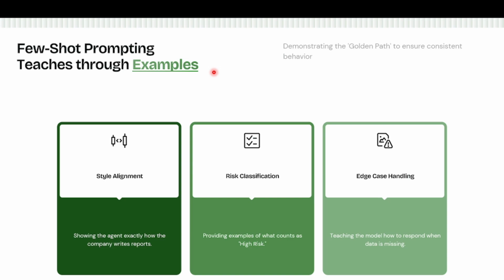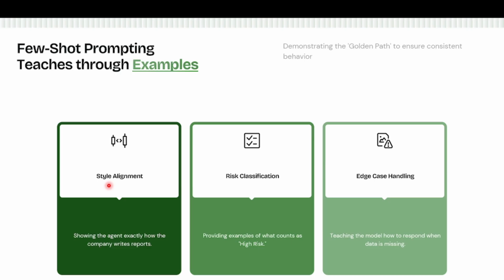So when you are teaching an agent with examples, use the right example, use accurate examples. Okay, so style alignment: we have shown the agent exactly how the company writes reports. So one way of teaching agents through example is style alignment. You can use the company format. Maybe if you want to build a dashboard, or the agents will be building a dashboard, for instance visualizations or reports, you can upload the report formats together with your prompts.